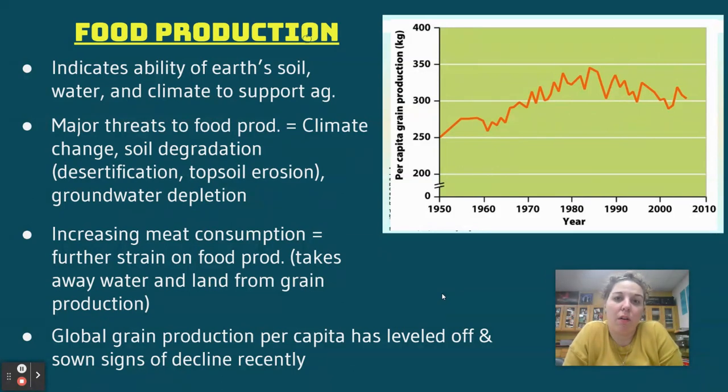So we are not producing as much grain per person as we were able to in the past, which can be attributed to population growth. And then also these threats like climate change, soil degradation, groundwater depletion, which are all going to reduce our yields from our crops.